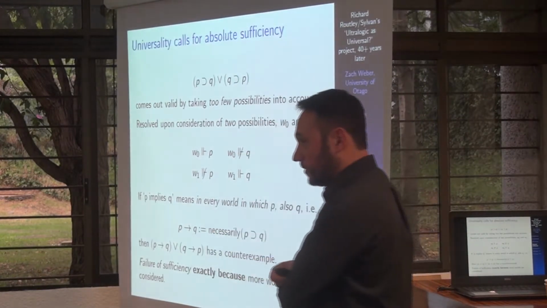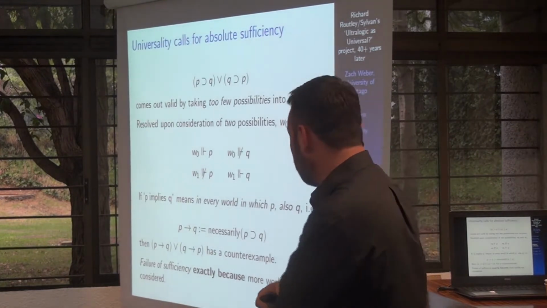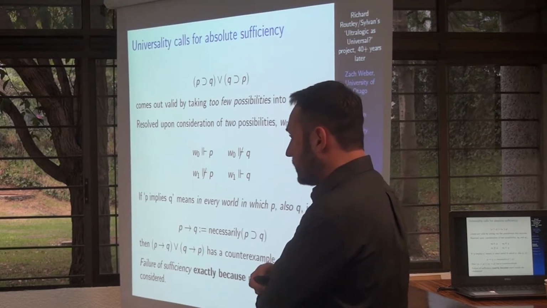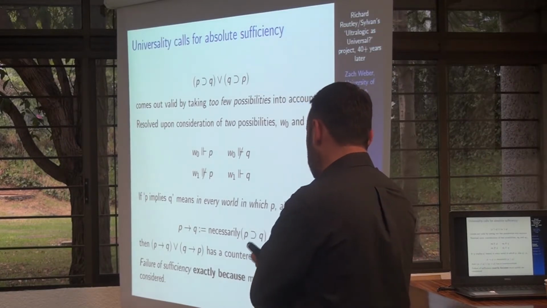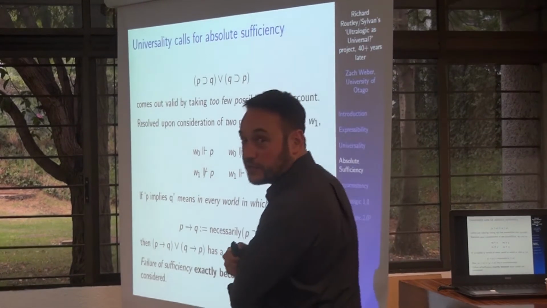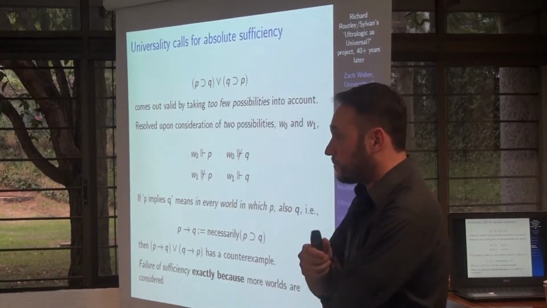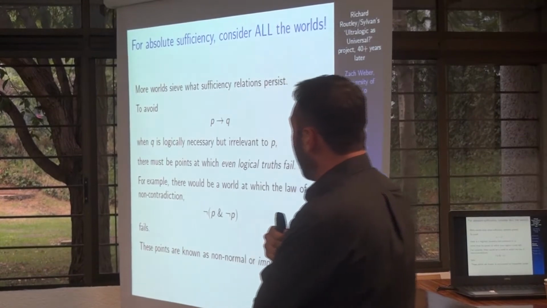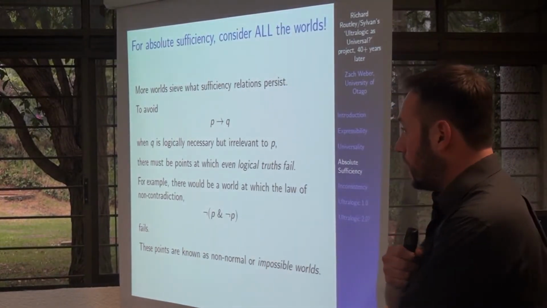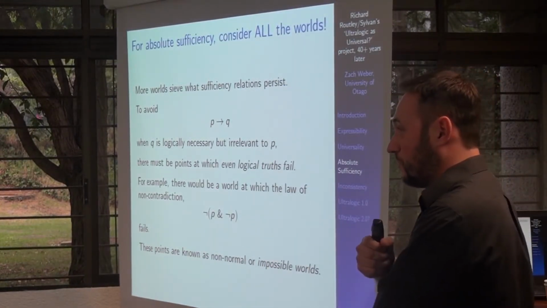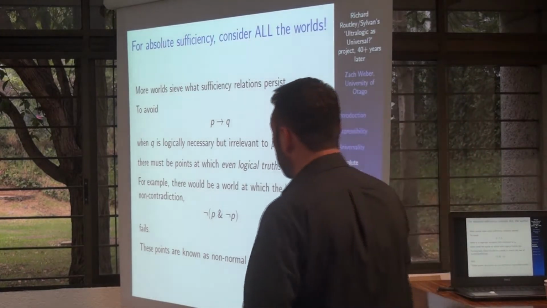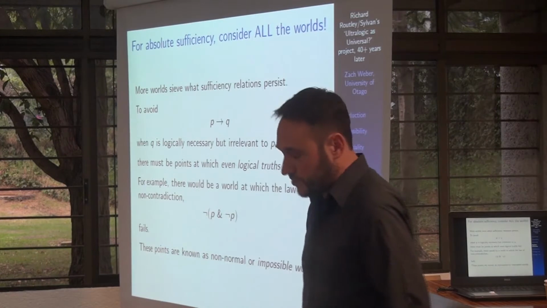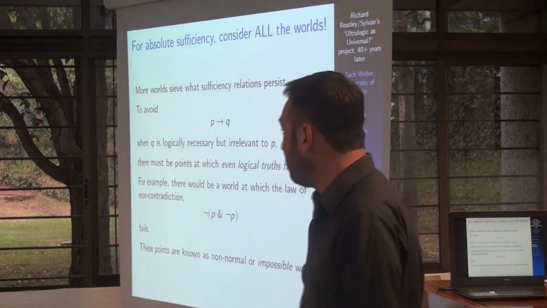I think the word ultramodal is cool, and we should bring it back. So you get a failure, not of relevance, but of sufficiency, and you get it because more worlds are considered. So this project of universality calls for more worlds. If you want absolute sufficiency, you just keep adding worlds. Consider all of them. The more worlds you add, the more they sieve which sufficiency relations persist.